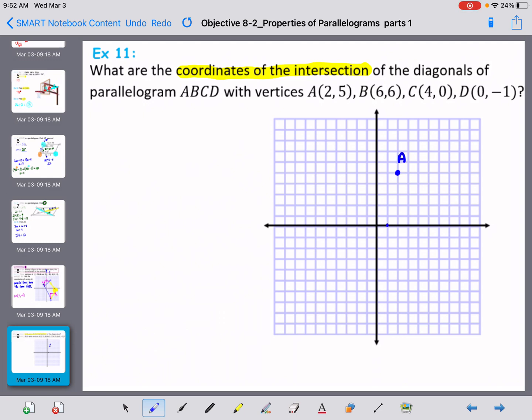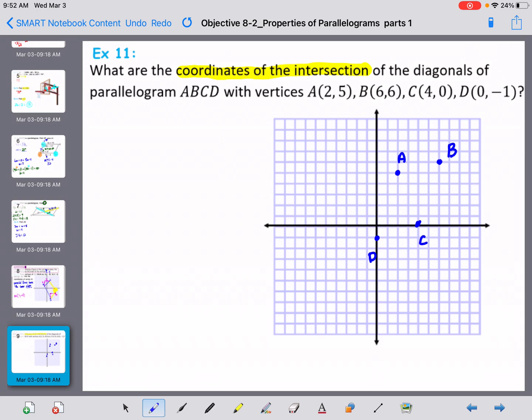There's A. B is 6, 6. 1, 2, 3, 4, 5, 6, 1, 2, 3, 4, 5, 6. C is 4, 0. 1, 2, 3, 4, and I don't go up. And then D is 0, negative 1. So 0, negative 1. That's D, that's C.